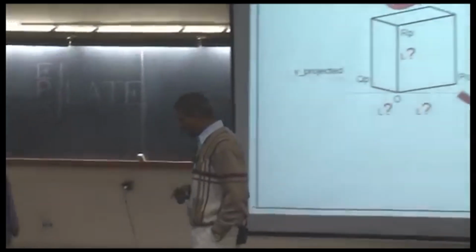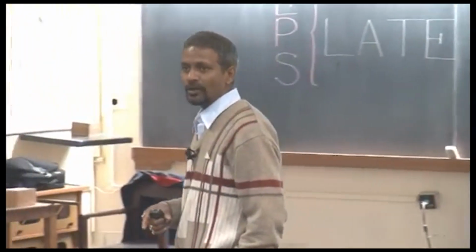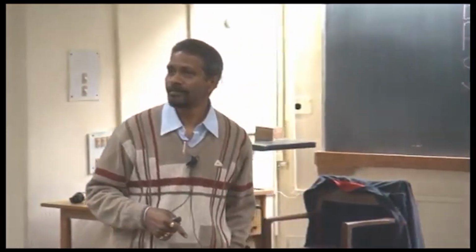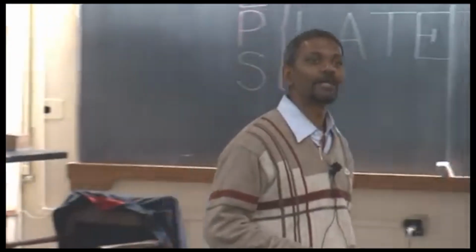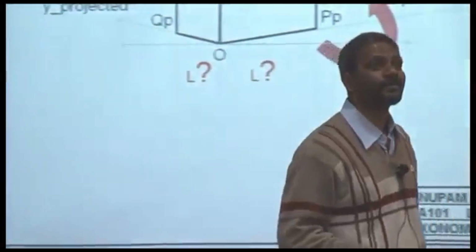But would you say that these lengths are equal to 1 or less than 1 or greater than 1, all 3 of them? All 3 of them less than 1. Fine. Yes or no? Who says no? Why do you say no? Z component is not changed.